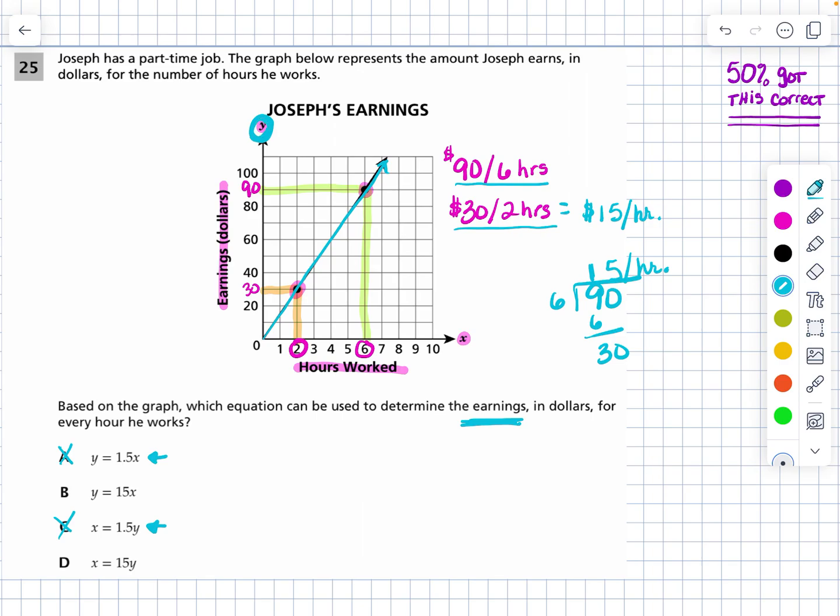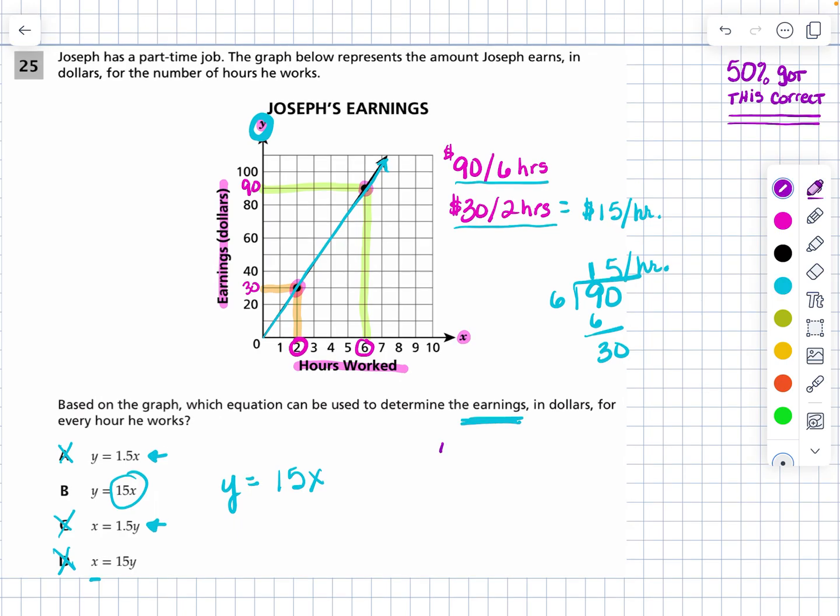So our answer is going to be y equals 15x. Okay, so it's not going to be this one because this x is talking about hours, but we're trying to find the total earnings. But just to make sure, we can go ahead and check it.